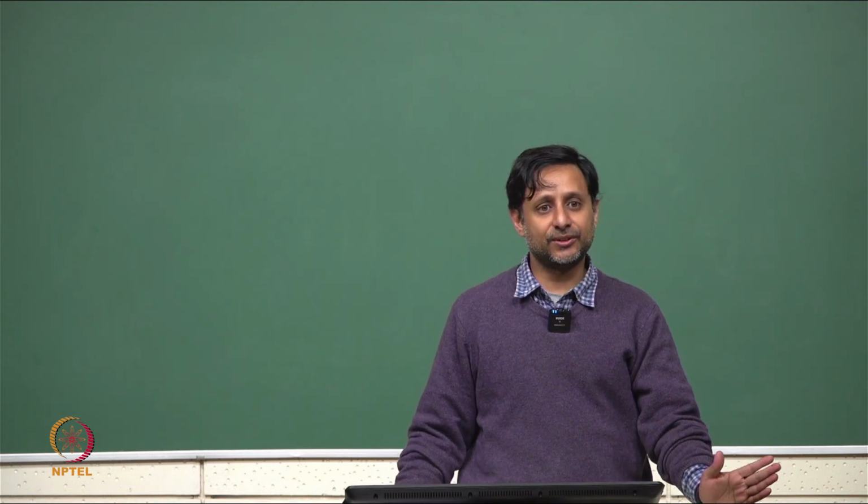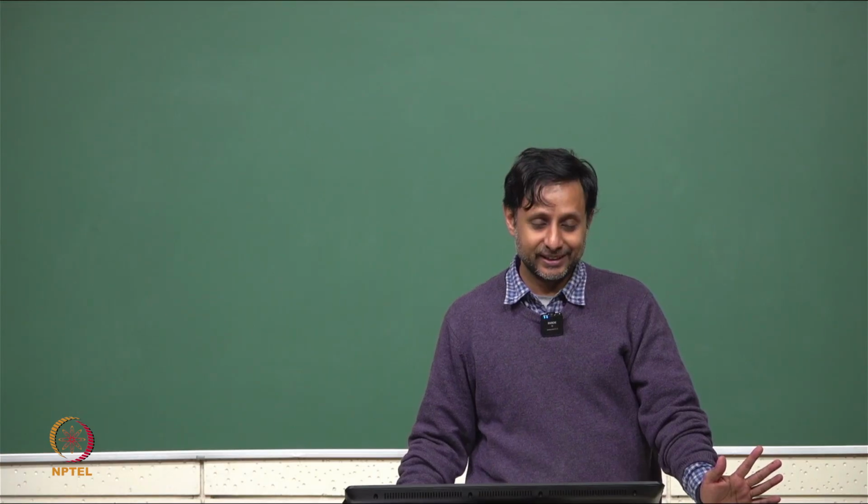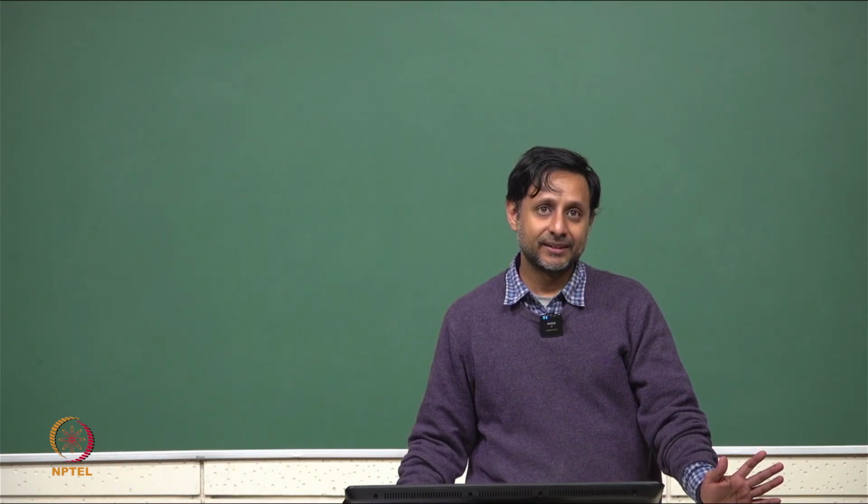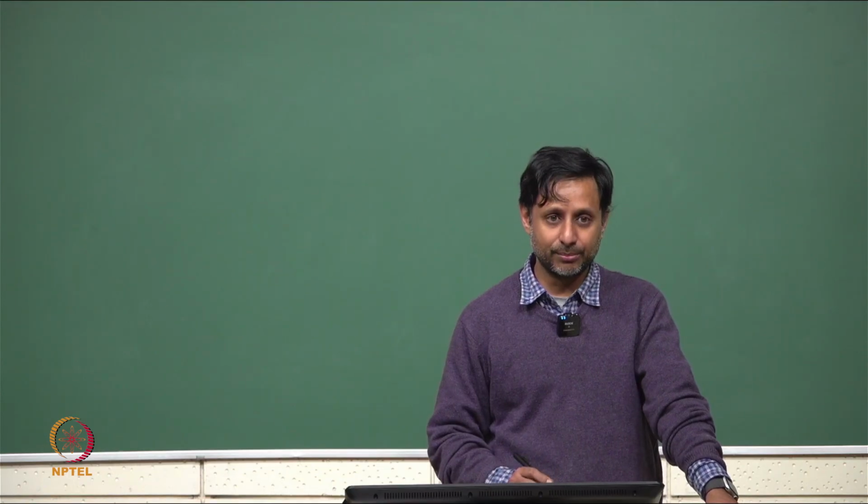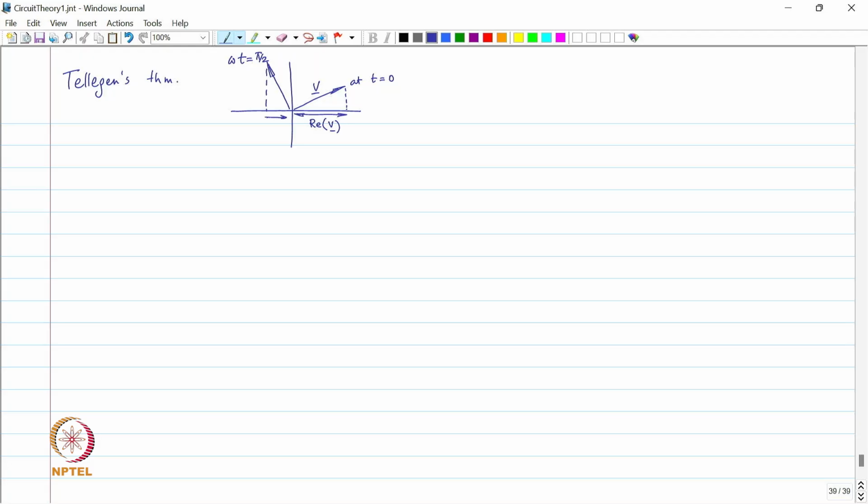Real part at the original position is real part of V, and at pi by 2 it is minus the imaginary part of V. Similarly, at omega t equal to minus pi by 2, what is the actual voltage? Plus imaginary part of V.